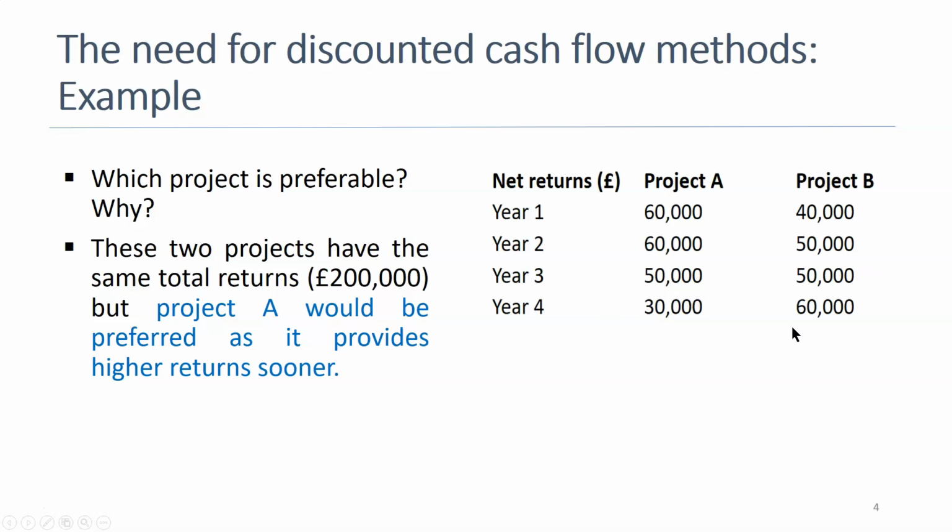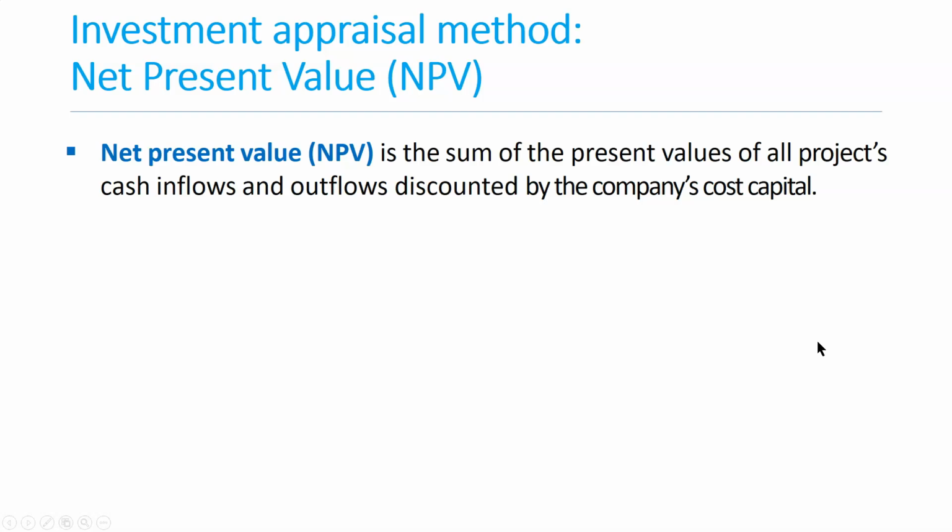So they create some form of common denominator, if you like, because they allow us to determine a project's net present value for each of the possible investment opportunities. We can then compare this common denominator for different projects and make an investment decision based on this specific criterion. So let's see how it works. Our first method, net present value.